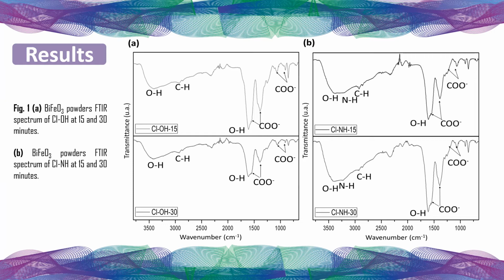On the other hand, the carboxylate functional group presents two types of bands. The first signal, in the range of 1645 to 1319, is assigned to the vibration mode of an asymmetrical stretch.